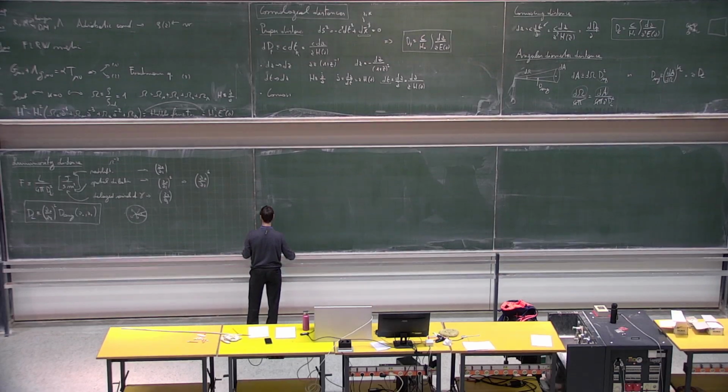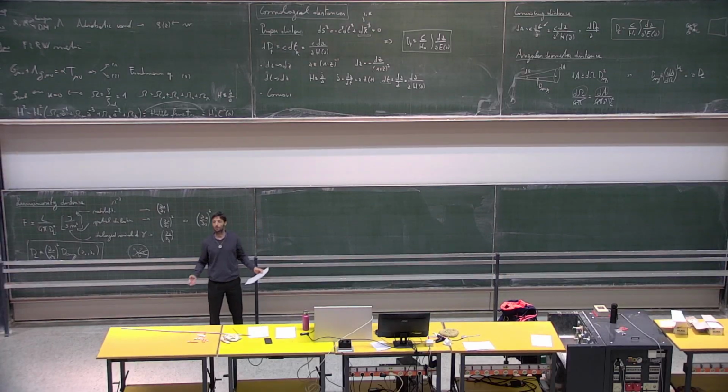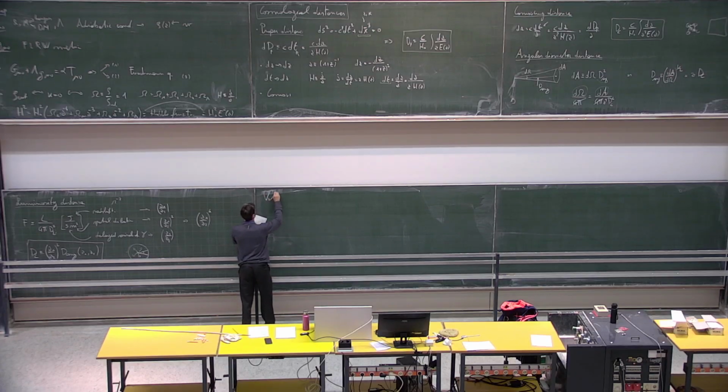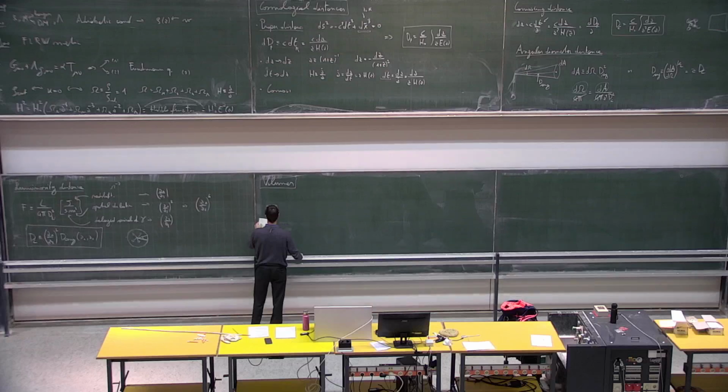Once we have done that, we have a definition of distances. We can as well define volumes. And again, volumes are something not trivial, and are built on the concepts that we just defined. How do we define the volumes?